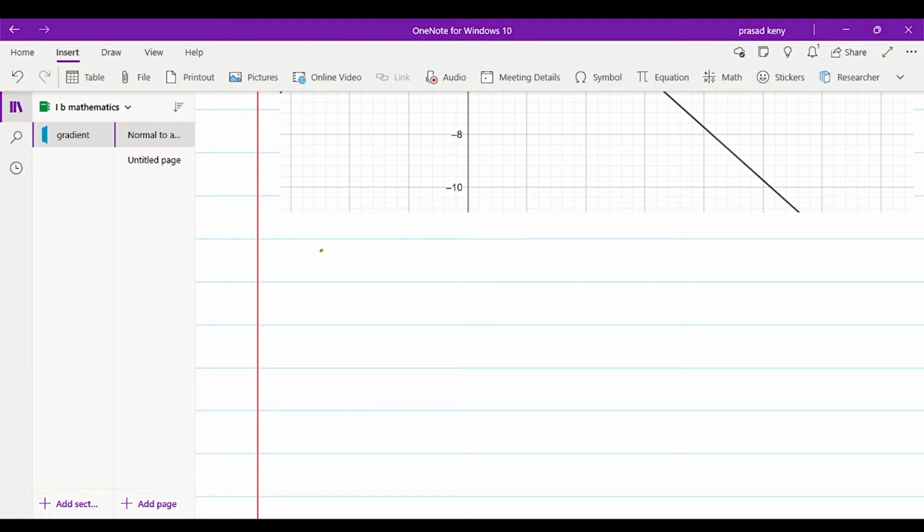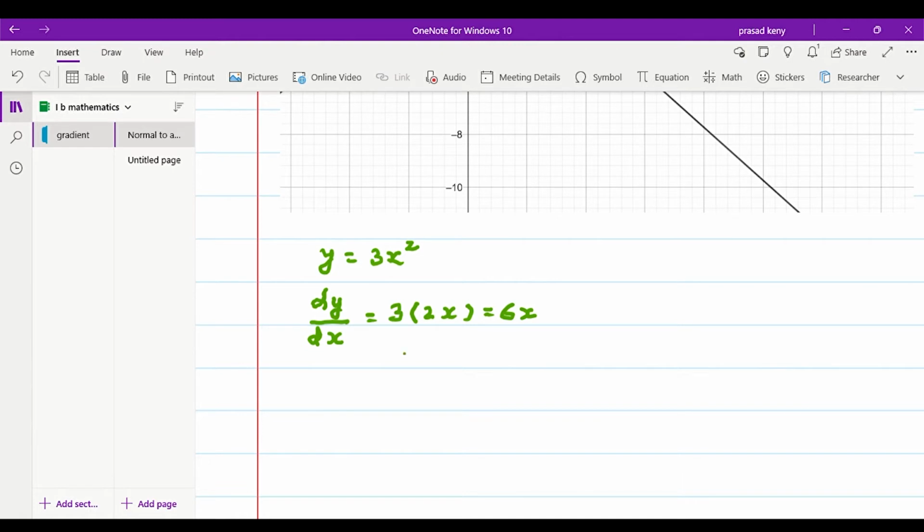So y is equal to 3x square. What should I do to determine the gradient of normal? Obviously, first I will find out the gradient of the tangent. For that I will differentiate this curve's equation: dy by dx is equal to 3 into 2x, that is 6x. Now for point P, x is equal to 1 upon 6.